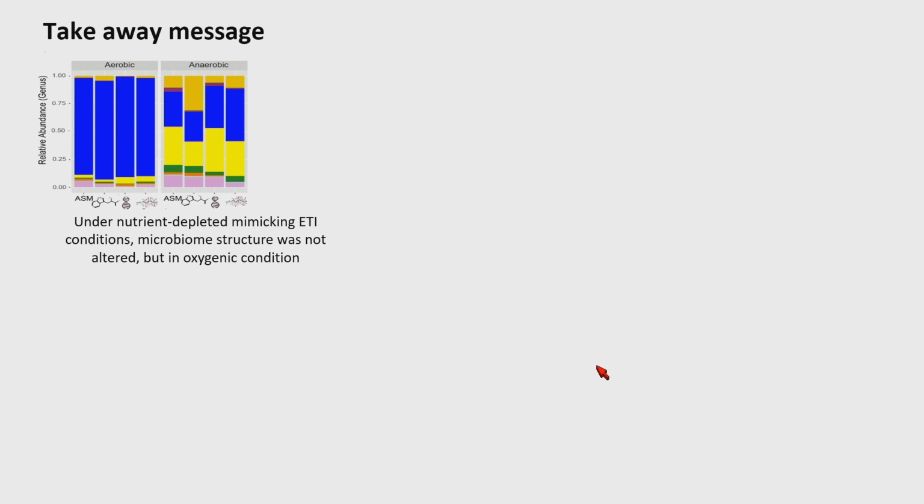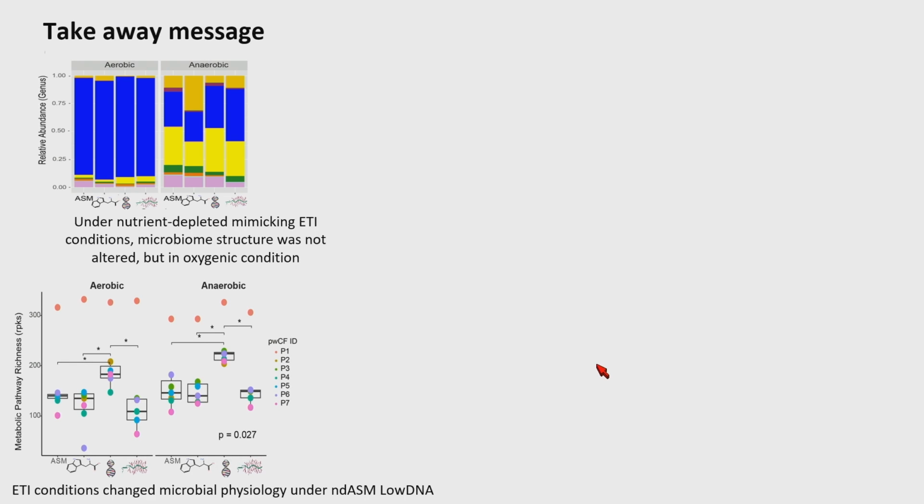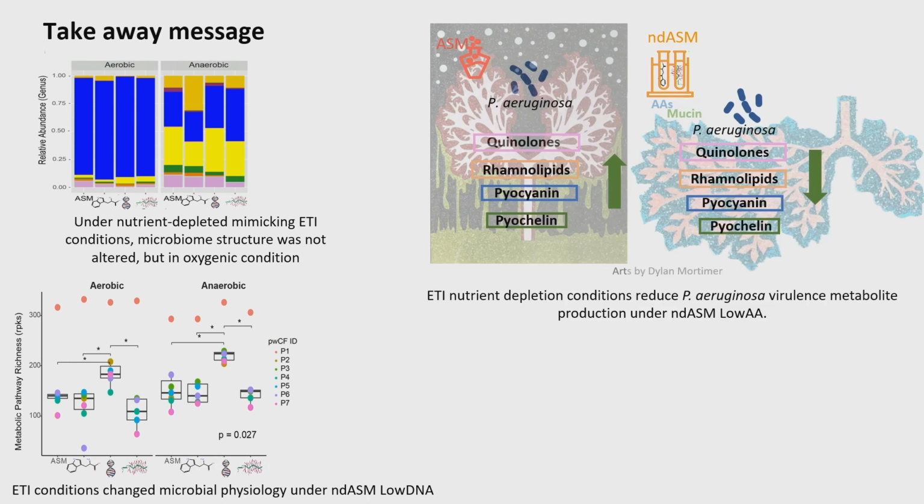So, as a conclusion for this series of experiments, under nutrient depletion, mimicking ETI conditions, microbiome structure was not altered, but was altered by oxygenic conditions. However, in nutrient depletion, the microbes are changing their physiology and their metabolites.